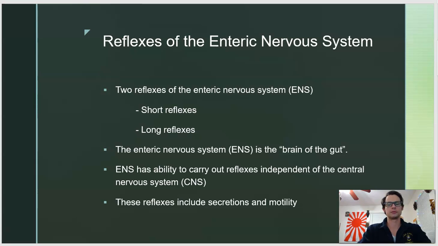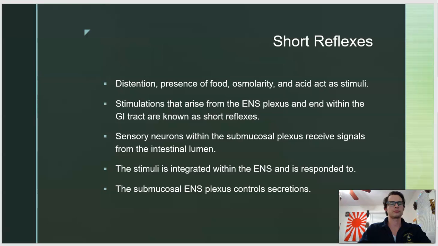And moving on to the short reflexes. The stimuli, which are distension of the lumen of the intestine in the presence of food, or change in osmolarity, and stomach acid, can act as stimuli to the enteric nervous system of the intestines.